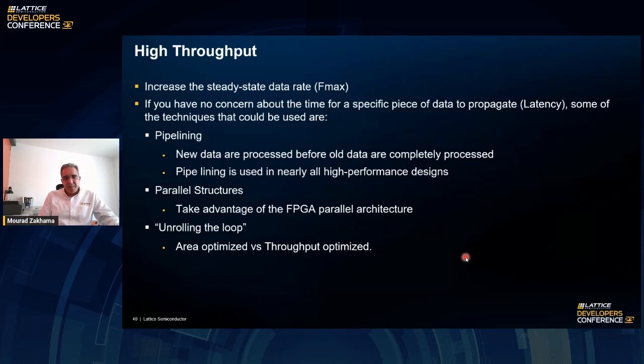We may add pipelining registers, meaning we divide the logic into multiple pieces, so new data can be processed while the old data is still going through the pipe. We could also adopt a parallel structure. Obviously, when you do that, you use more resources, but at the expense of resources, you have a faster design. And you could unroll the loop.